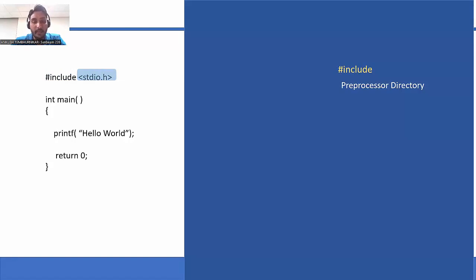Here the file to be included is stdio.h, the standard input output library, and it is a header file which has the necessary information to include the input output related functions in our program such as the printf function and scanf function, etc. So if you want to use any of these functions, you must include stdio.h in the source code.